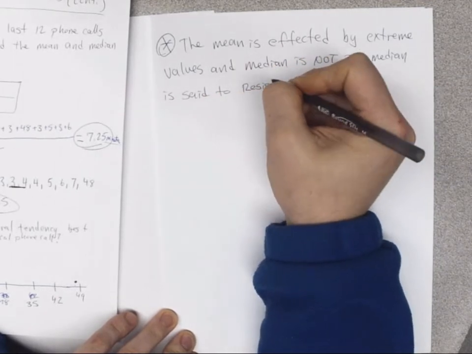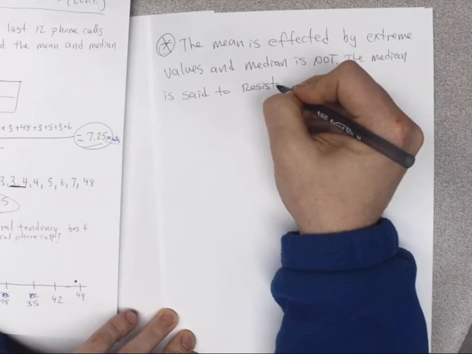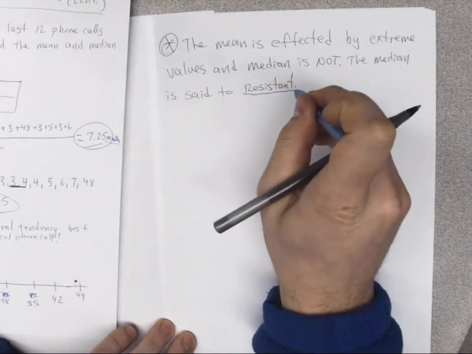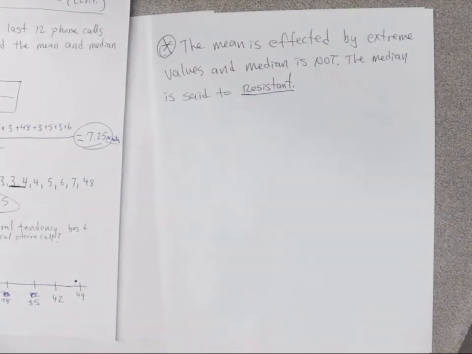And we're going to define exactly what resistant means also, because that is a definition. It's important to know this. The mean is affected by extreme values, and the median is not. The median is resistant.